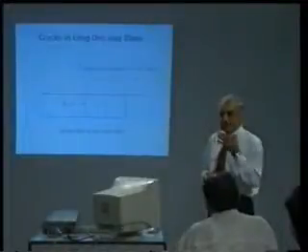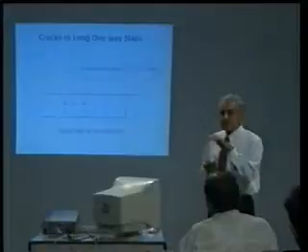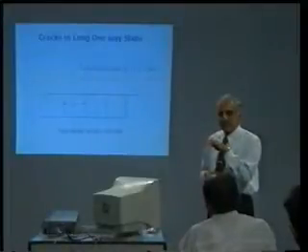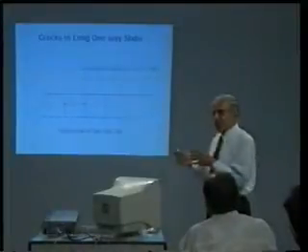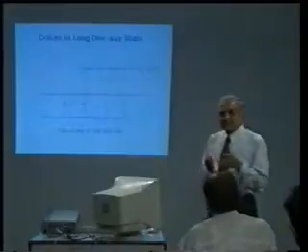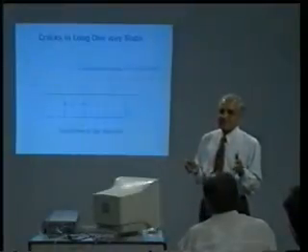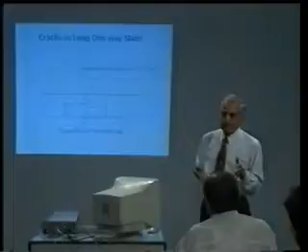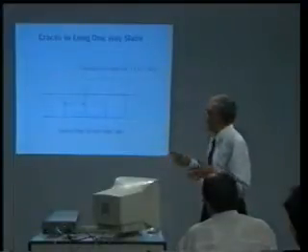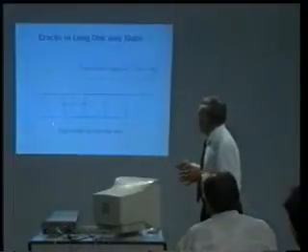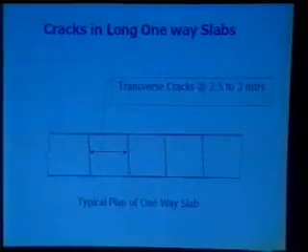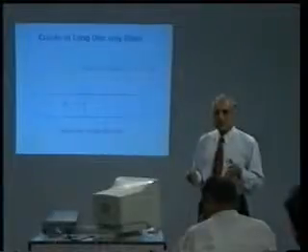Because the gradient between the outside temperature and the inside temperature is so much during the day and the night that at every 2.5 to 3 meters, the tensile stresses of concrete are exceeded because of thermal movement. So, that is why these cracks take place. Very easily you can look after them by providing a heavier temperature reinforcement.